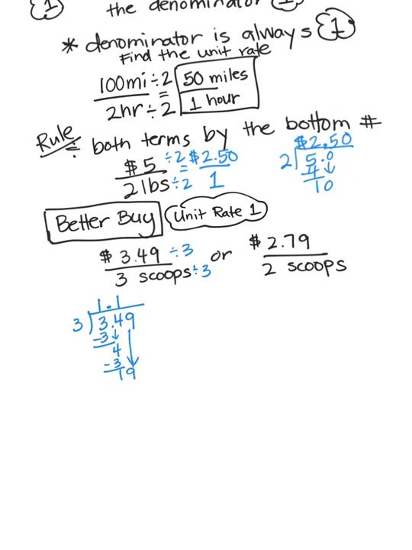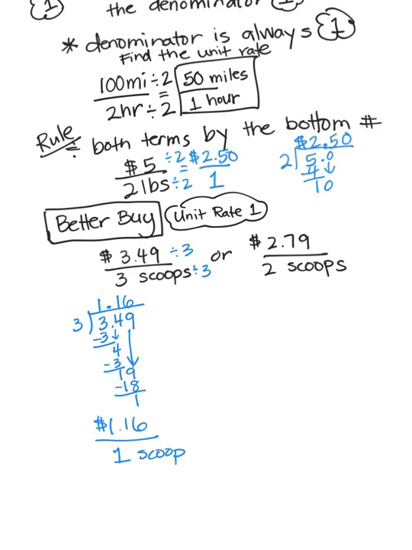I bring down the 9. 3 goes into 19. The closest I can get is 6. And 6 times 3 is 18. And I have 1 left over. Now, normally I would keep going, but I'm going to stop there because I'm talking about money and I can stop in the hundredths place. So for this one, I would be paying $1.16 for 1 scoop.